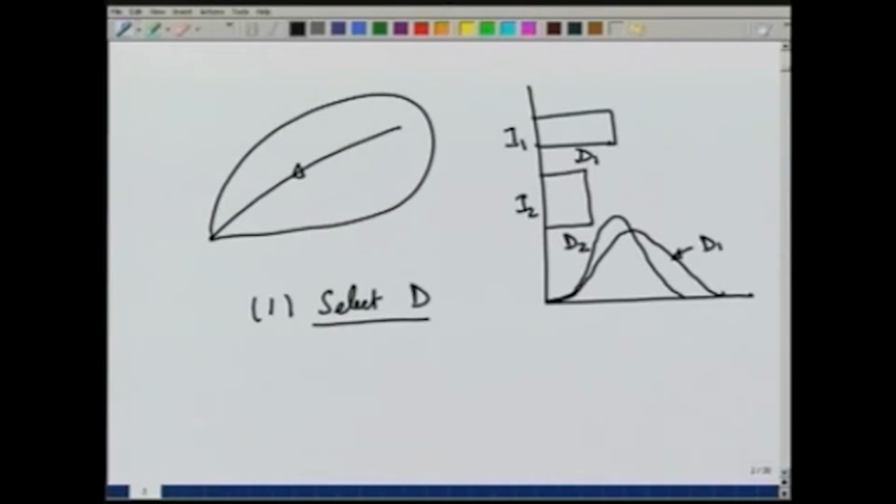So, for duration d1, we would have a longer time base of the hydrograph, and for the rainfall of duration d2, we will have a smaller base, but a higher peak, because the area under the hydrograph should be equal to the rain falling over the catchment.